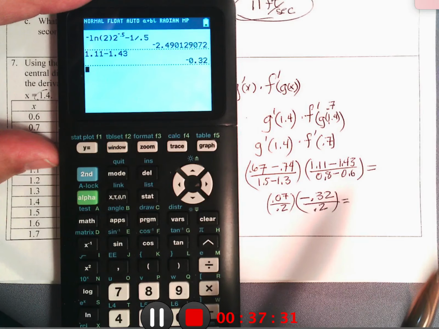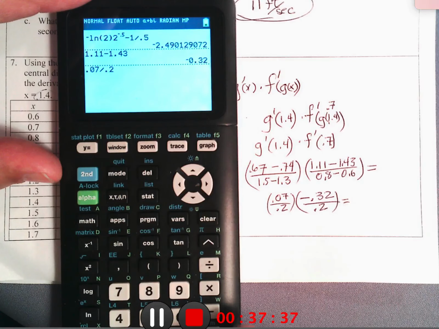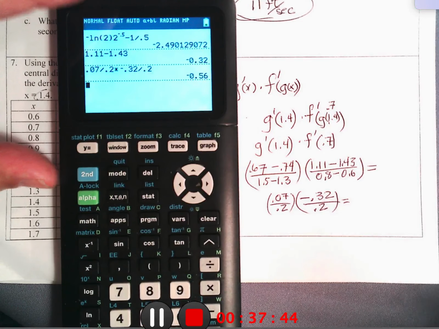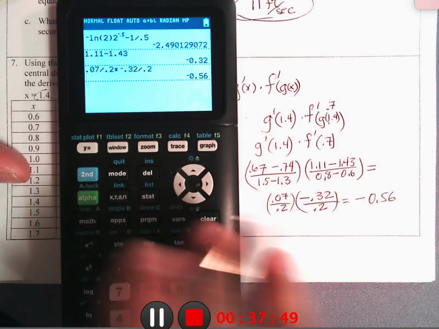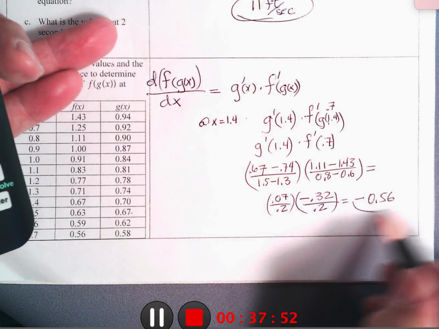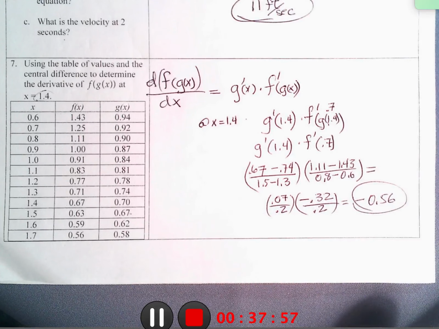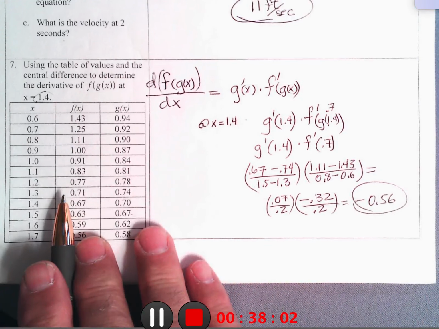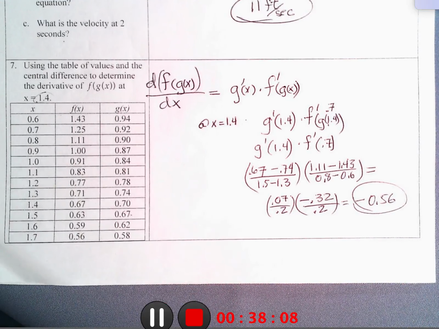So I have 0.07 divided by 0.2 times negative 0.32 divided by 0.2, and I get negative 0.56. I don't give you any units. That's all you can do. Okay? Now, I could have made this a graph, and you'd have to do it from the graph and estimate slopes and that kind of thing, or the table. So be aware that it could be a graph.